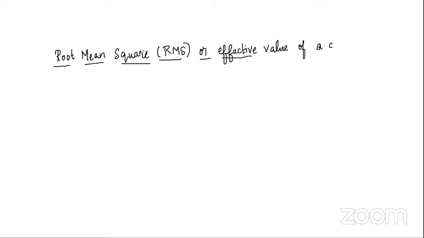So what is the meaning of this root mean square or RMS value or effective value? Actually, you can understand the meaning from the technical term itself. Root mean square. That means you need to consider the instantaneous values of the currents in an AC circuit.